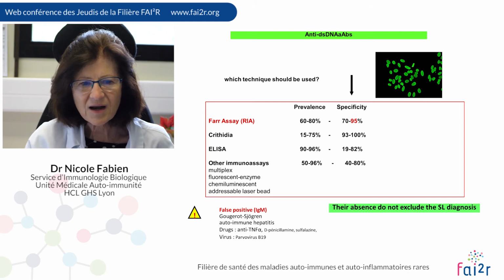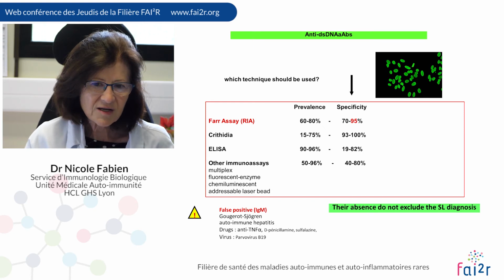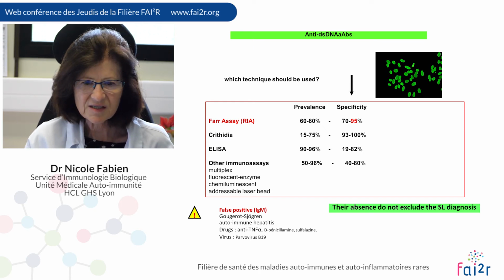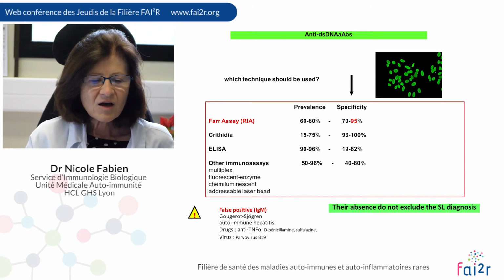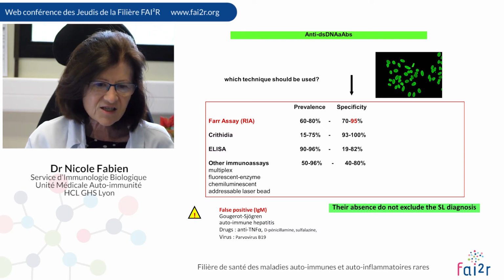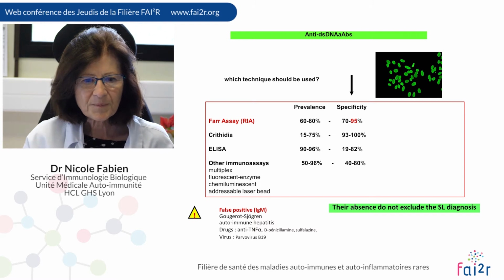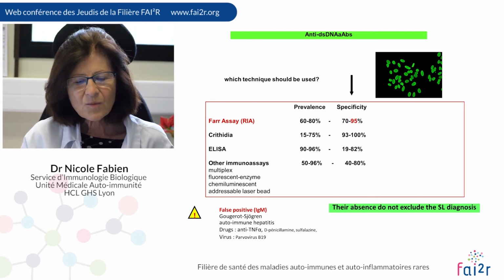You see that some ELISA give 19% of specificity. That's not very good, you know. You can also have false positives, but normally always IgM, in Sjogren syndrome, autoimmune hepatitis, and with some drugs, anti-TNF alpha. And at last, their absence does not exclude the SLE diagnosis, of course.